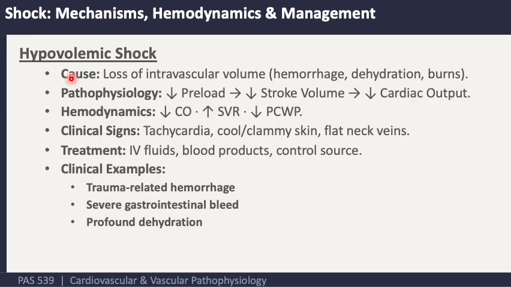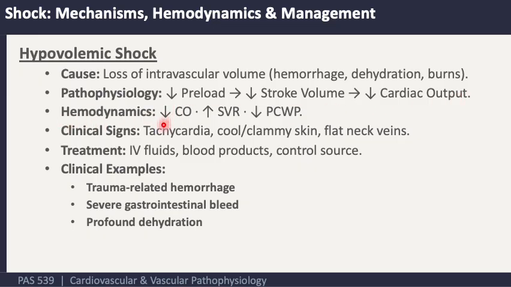I'll start off with hypovolemic shock. This is usually due to a loss of intravascular volume, such as hemorrhaging, dehydration. You can see this in burn patients. There is a decreased preload because the volume is low, which in turn decreases the stroke volume, and therefore your cardiac output will also be decreased.